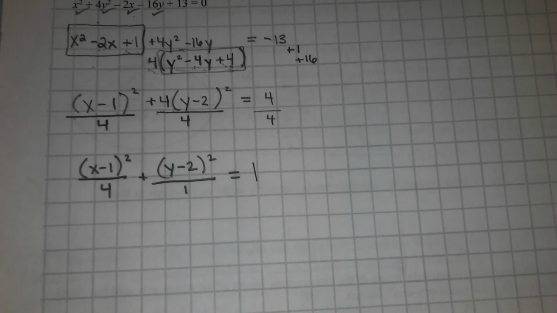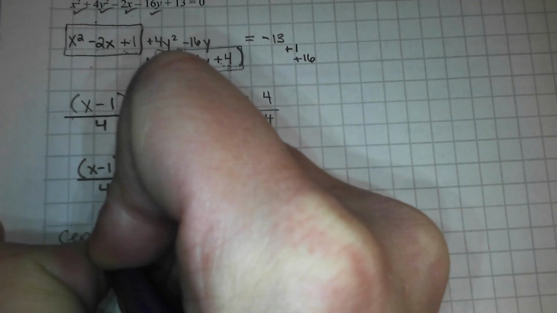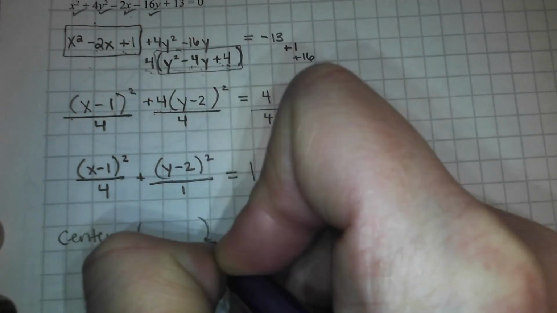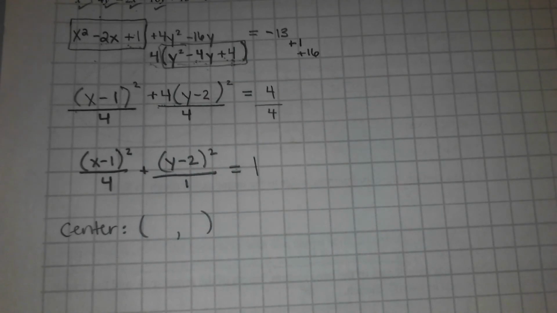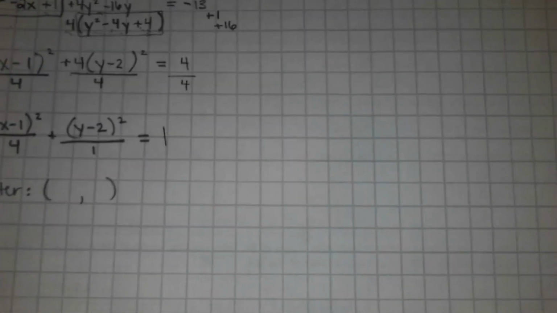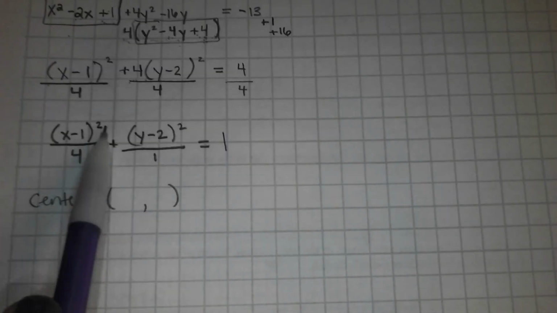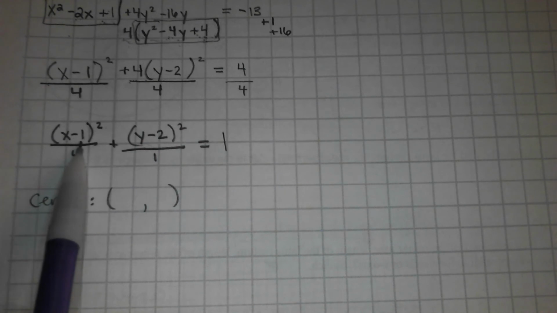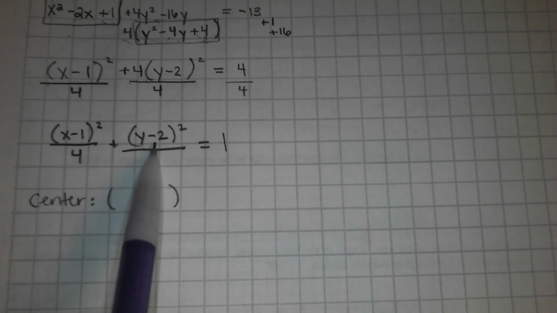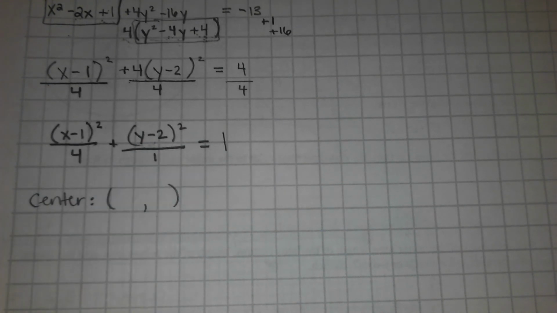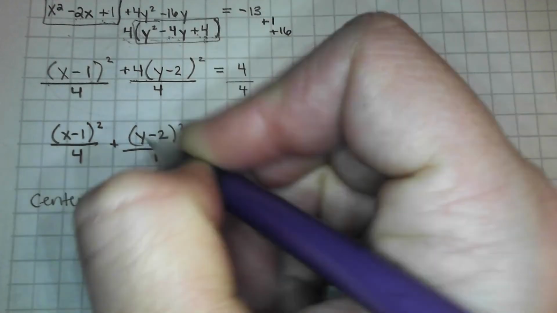What is the center? The other one was 0, 0 because it was just x squared and just y squared. This one got shifted right 1 and up 2. 1, 2, very good. That's like an HK.